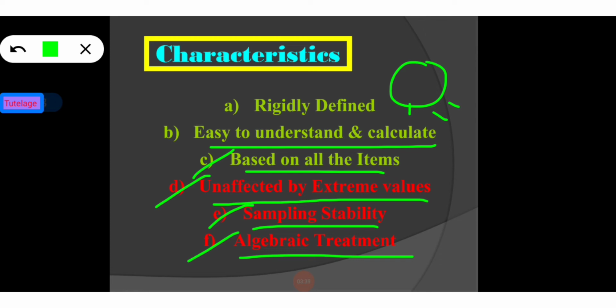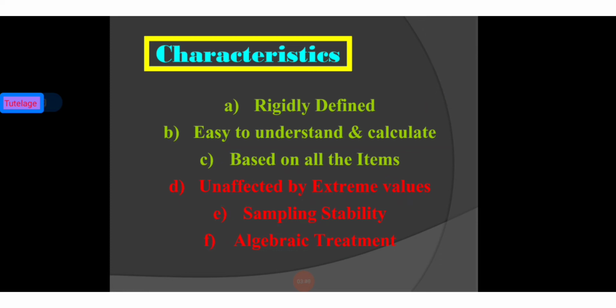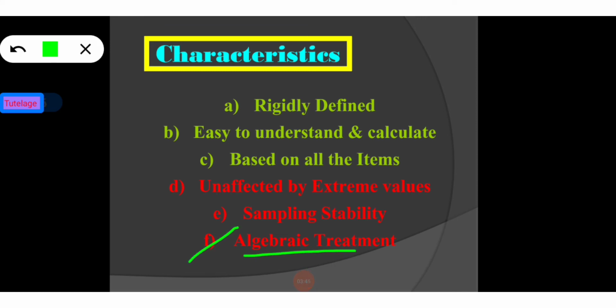Now move on to the sixth and last one, the algebraic treatment. It should be capable of being treated algebraically. It means that if the measures of dispersion of separate parts of the same set of data are available, the measures should be such that they can give a measure of dispersion for the whole set of data.